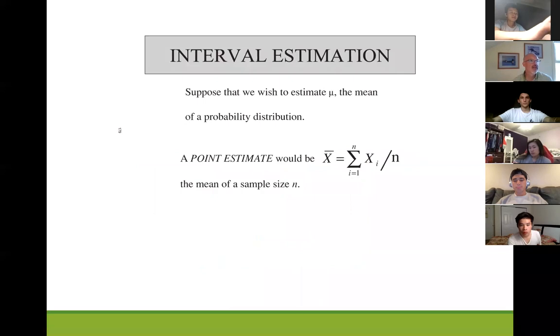Great. Okay. All right. So what you may want to know is what's called a point estimate. A point estimate is if we want to know the average of everybody that took a test. Say you took the SAT or TOEFL or something like that to get into BU.